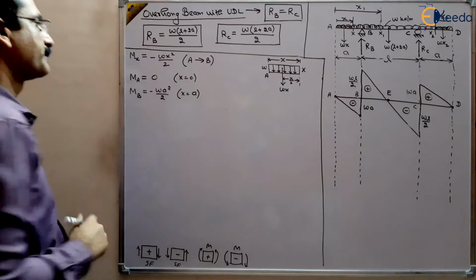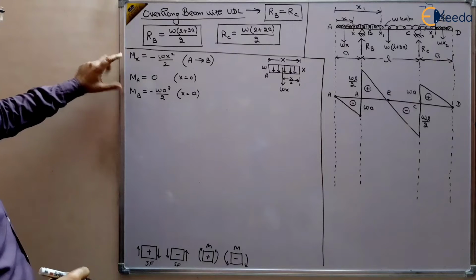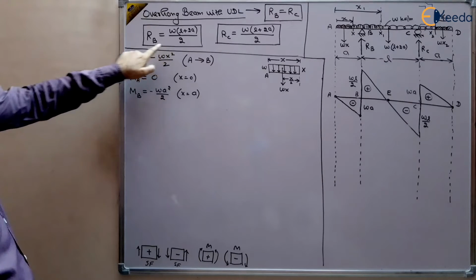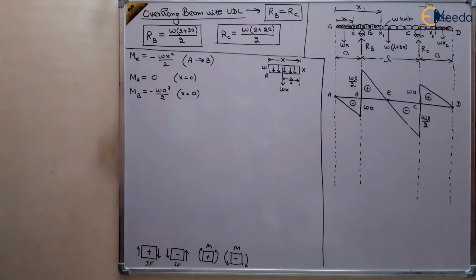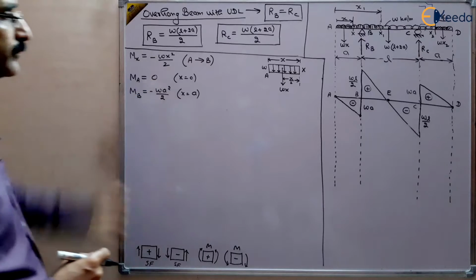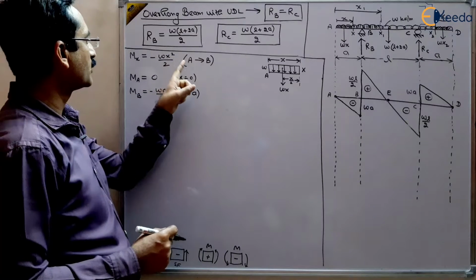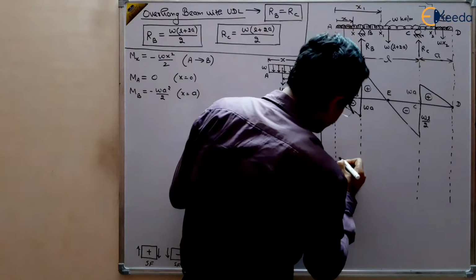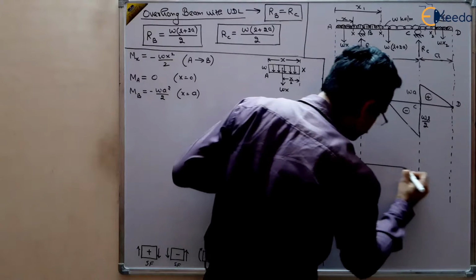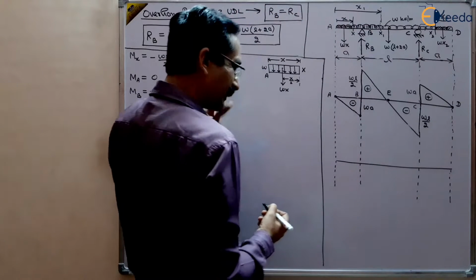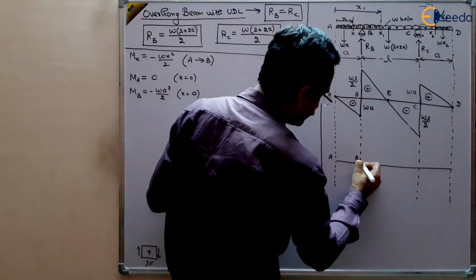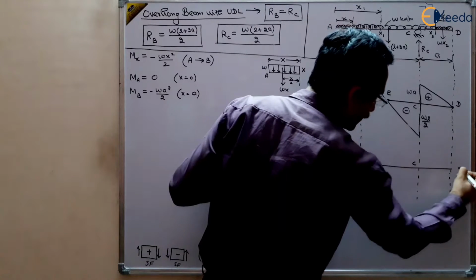So this is the bending moment at A and at B, and in between it is variable, a parabolic variation, and it is on the negative side, right? So now we can draw the bending moment between A to B. By this you can draw like this. This is A point, B point, C and D.